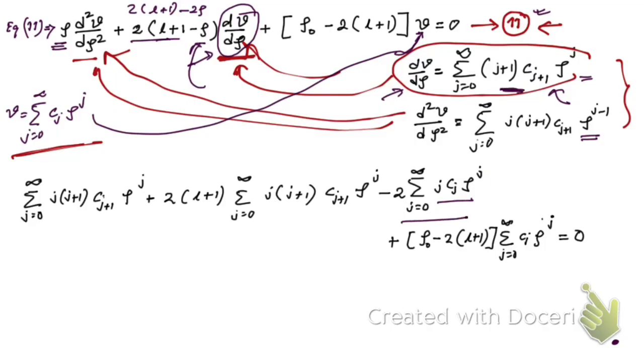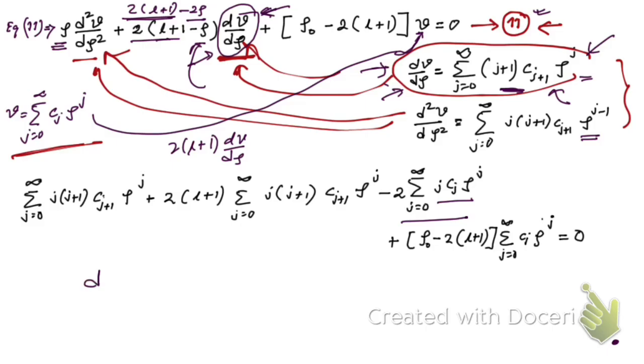Here, this is multiplied with this part and this part, and when we multiplied del v by del rho with this part, 2 into L plus 1 into del v by del rho, we have used this result that I have given here, and this result was obtained in this way.